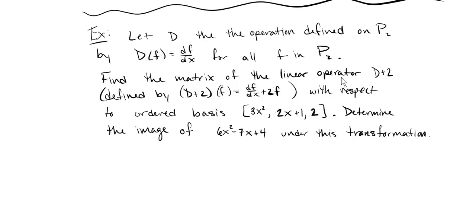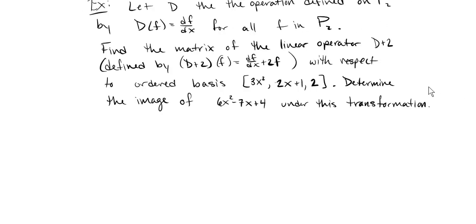Let's find the matrix of the linear operator D plus 2, defined as D plus 2 of f is the derivative of f plus 2 copies of f. Let's find the matrix of that linear operator with respect to the ordered basis 3x squared, 2x plus 1, 2. Let's determine the image of 6x squared minus 7x plus 4 under this transformation using that matrix.